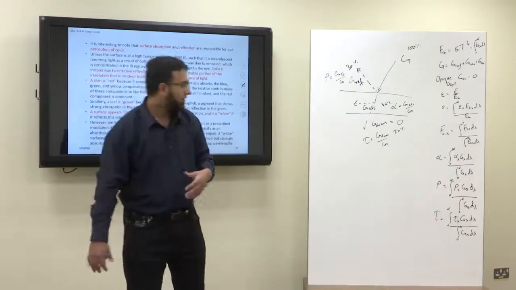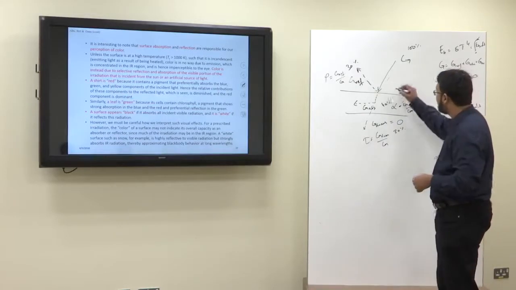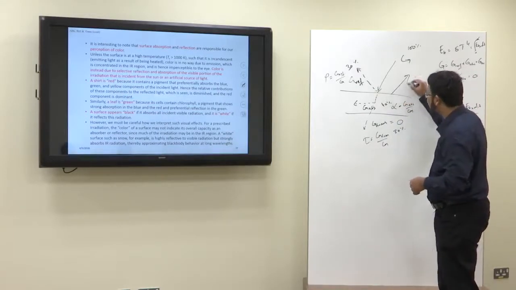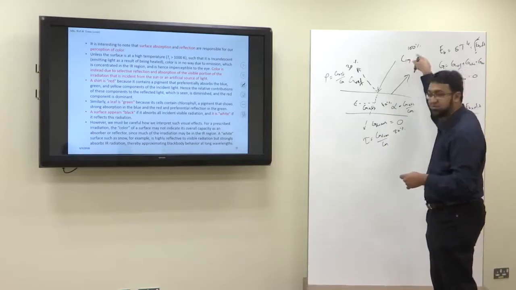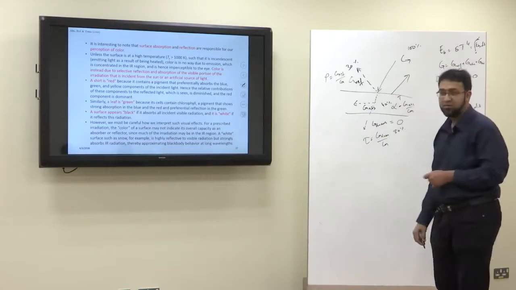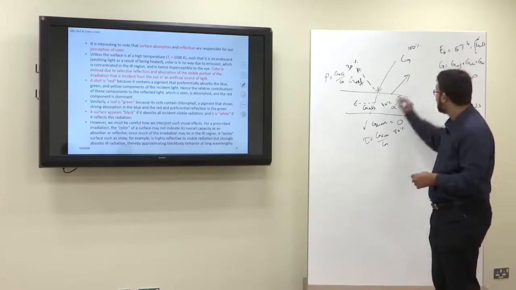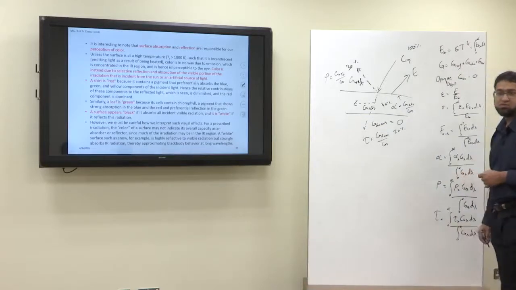So if I have this material, some of the energy is being emitted by the material as well. That energy is not a function of this; it is a function of the temperature of the body. Based upon the temperature of the body, there will be emission. We call it E, the emission by the body.